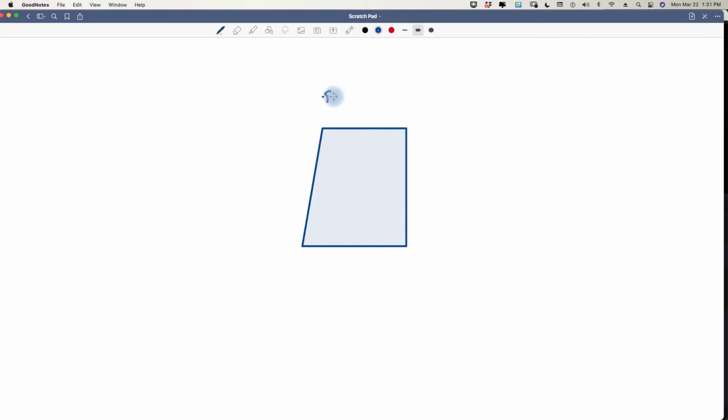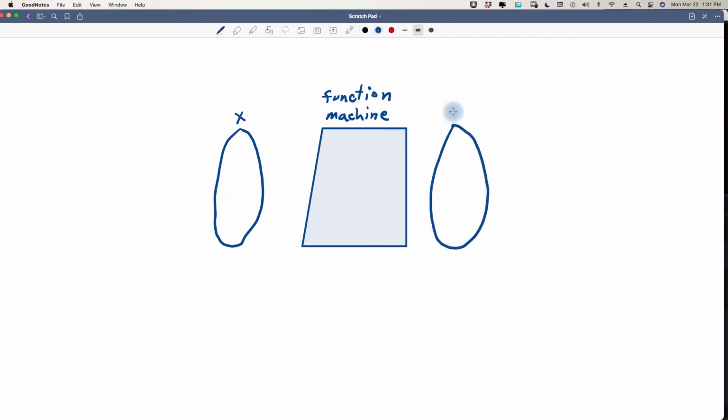And this is going to be our function machine. You do not have to draw this on your paper. This is just an illustration to help you understand where we're going. But if anybody ever asks you, do you know what a function machine is? Now you know. It's just a box.